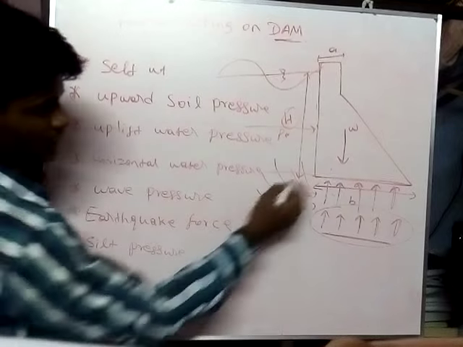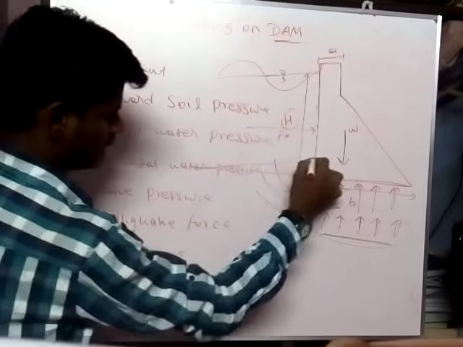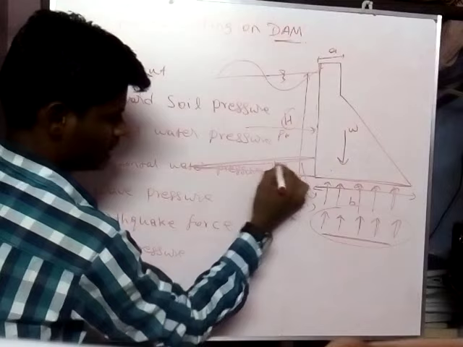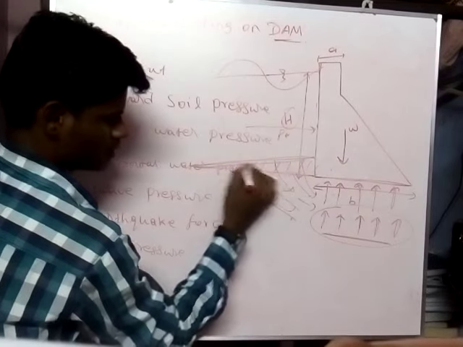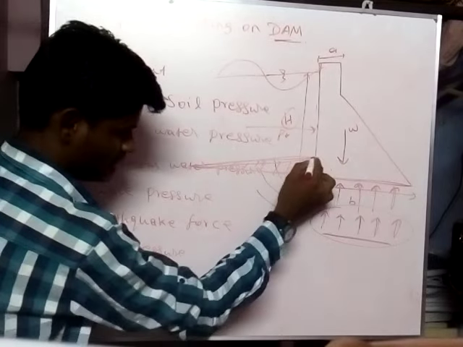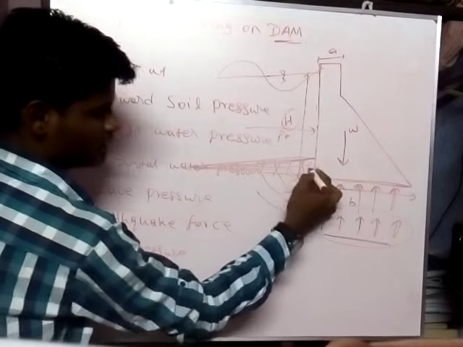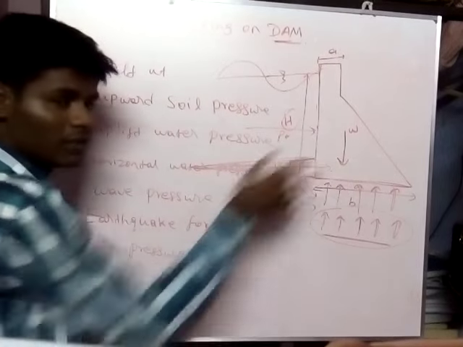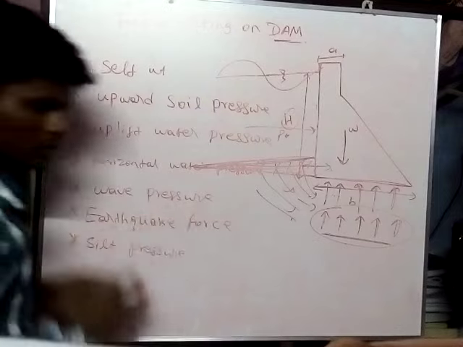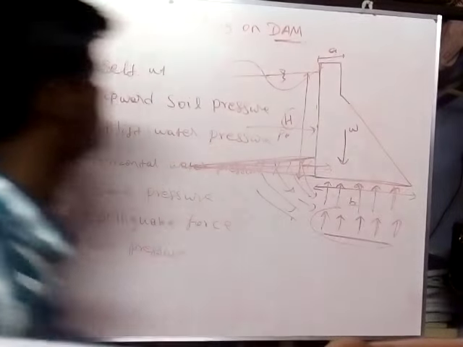The silt pressure is acting downside due to the deposit of sand and silt. So this silt pressure acts at the downside of the dam. So we will discuss briefly.